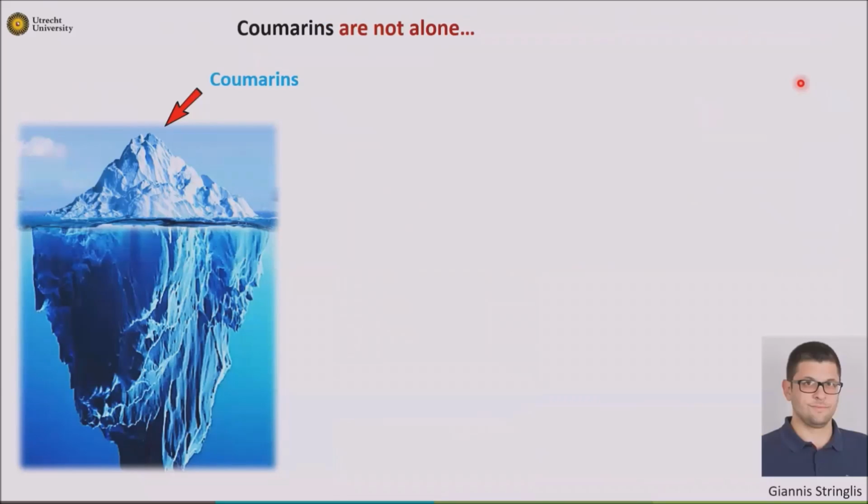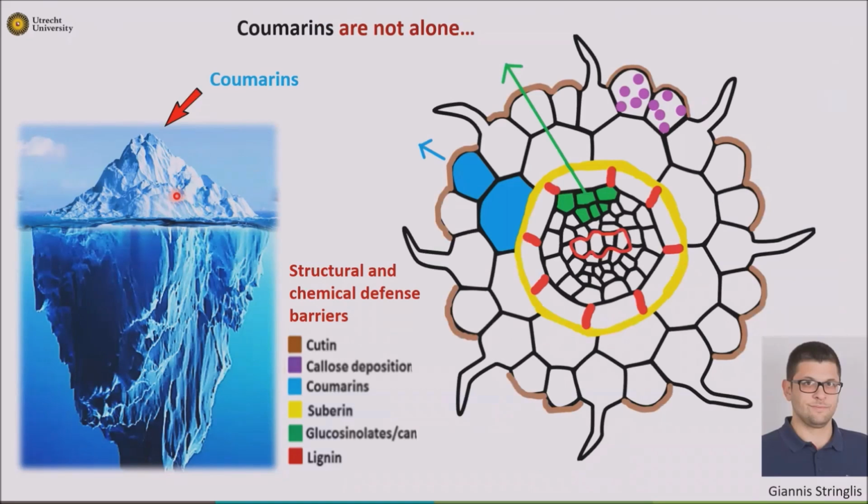Well, I talked a lot about coumarins, but actually they are only the tip of the iceberg when it comes to shaping the root microbial community, because coumarins are not alone. If you look at the roots of plants, there are many structural and chemical barriers that can influence microbiota that grow around the root system. I talked about the coumarins, but also other chemical barriers such as lignin, suberin or glucosinolates, or structural barriers like cutin or callose.